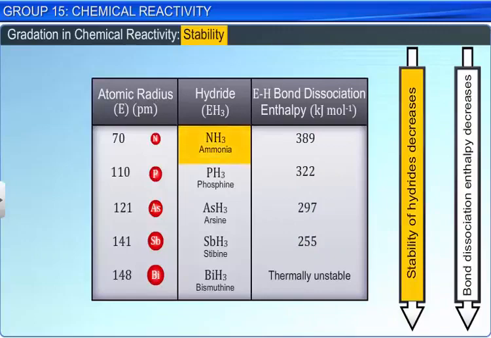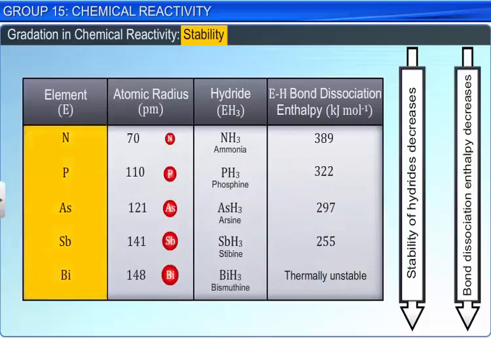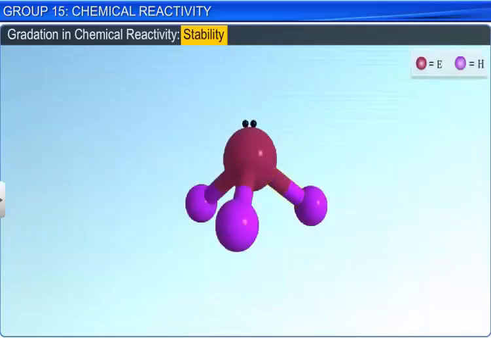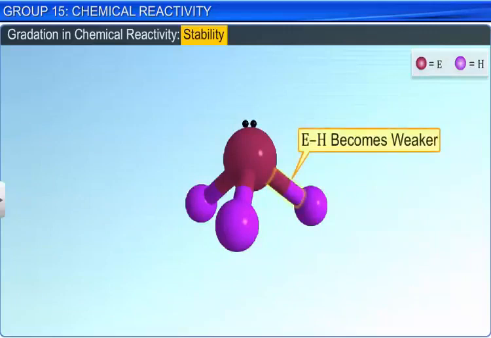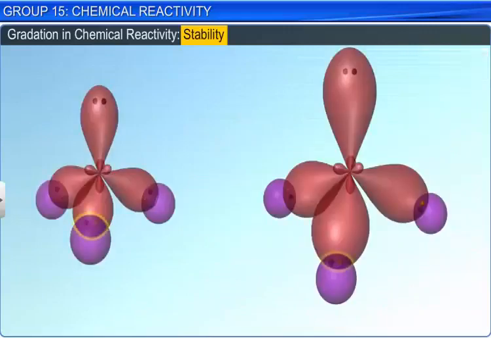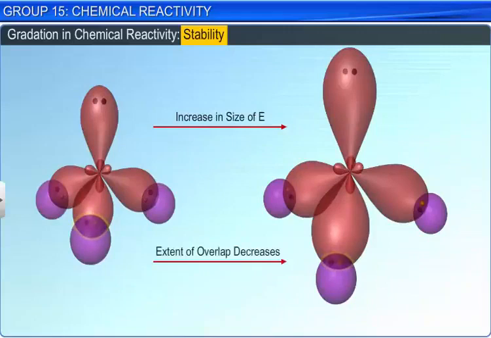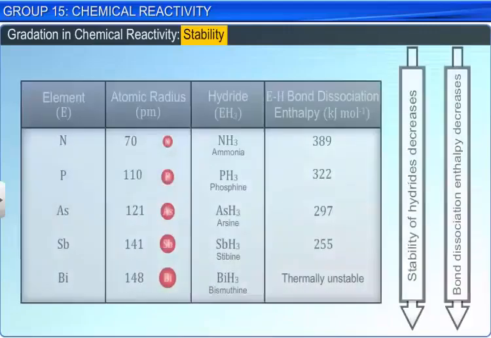This is because the central atom E increases in size down the group. With the increase in the size of the central atom, the EH bond becomes weaker. In other words, with the increase in size, the overlapping between the orbitals of E and hydrogen will not be effective. This accounts for the decrease in the stability of hydrides as we move down the group.